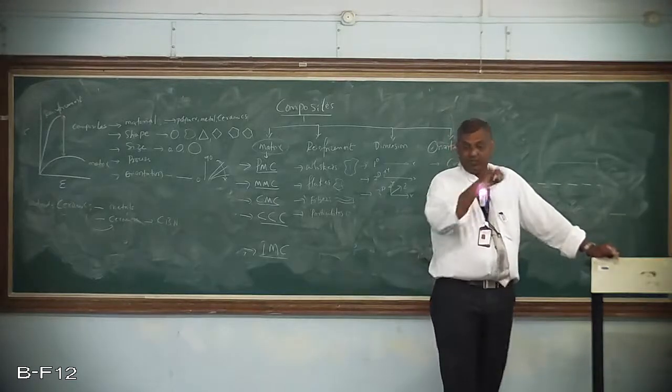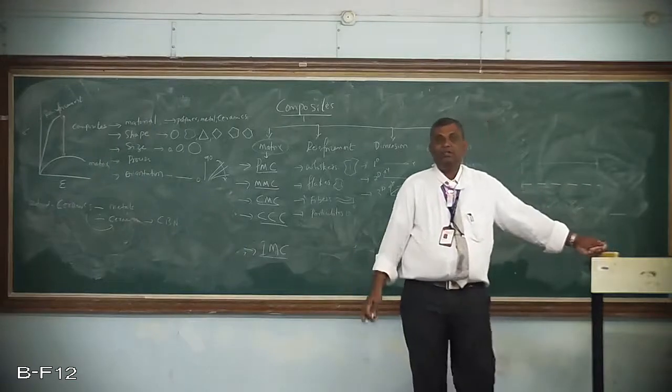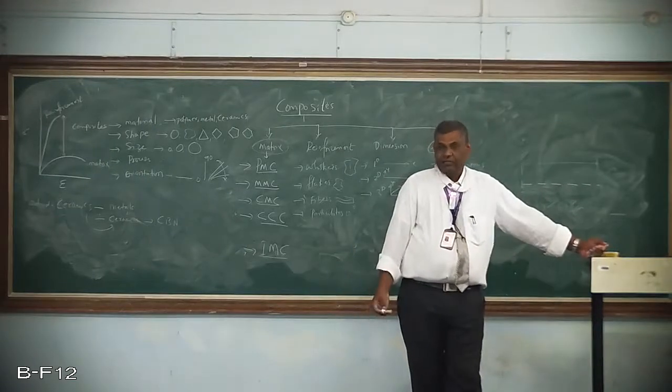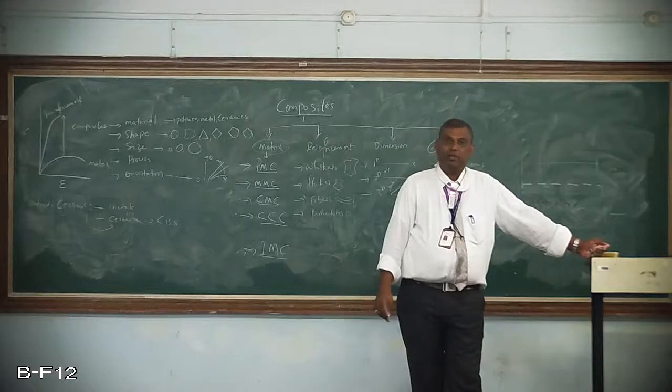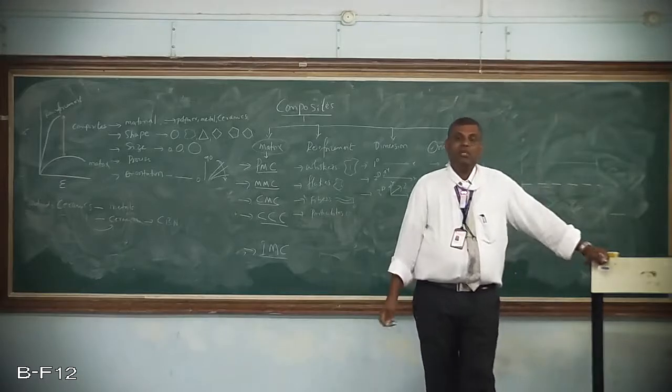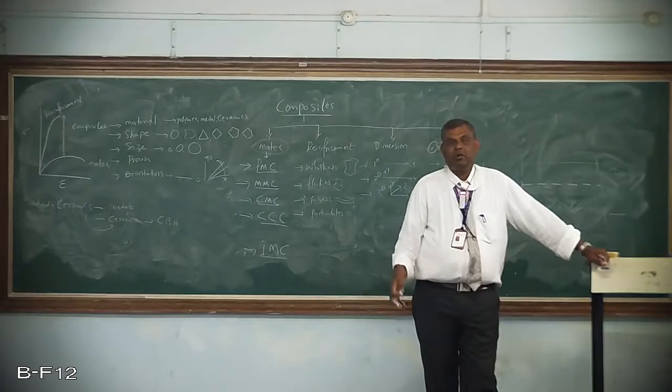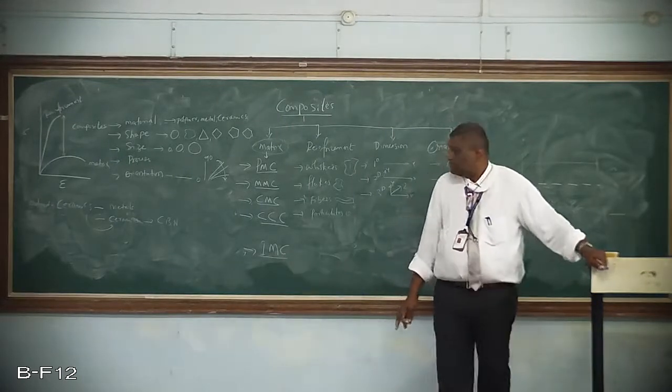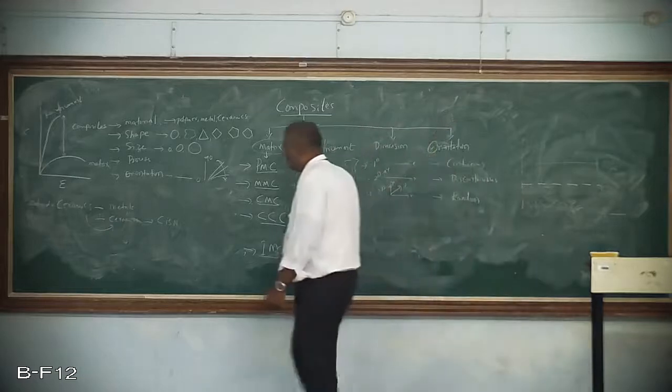The first hardest naturally formed material is diamond. As we are aware, diamond is the strongest material in nature. But this cubic boron nitride, which is an artificial material, is next to or almost equal to the strength of diamond.